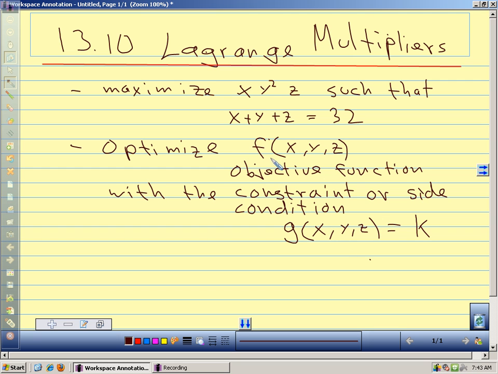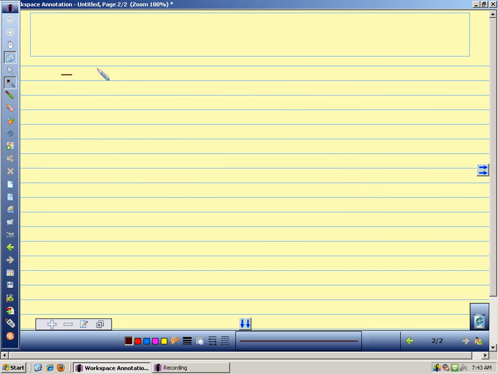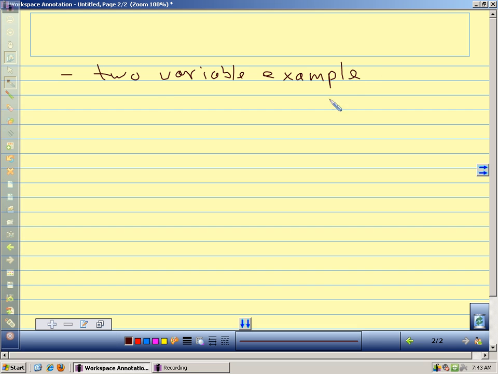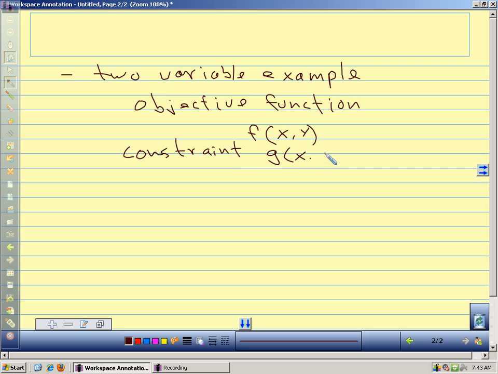So for a two-variable example, our objective function is f of x, y, and we want to optimize that. And our constraint is g of x, y equals k.